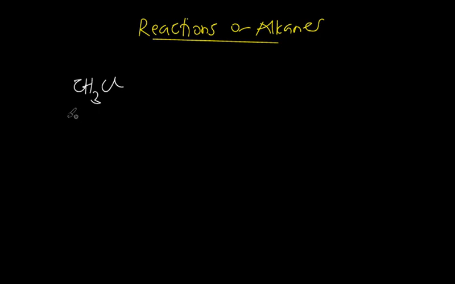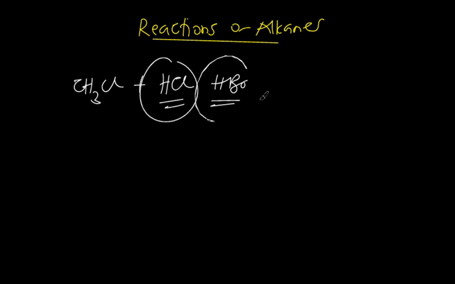So this is a haloalkane, a typical example, plus HCl or HBr, depending on the type of halogen we use in the reaction. Then we will either be getting HCl or HBr as the byproduct.